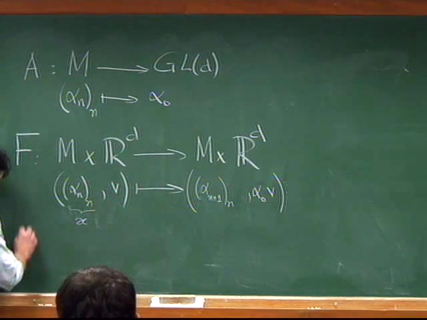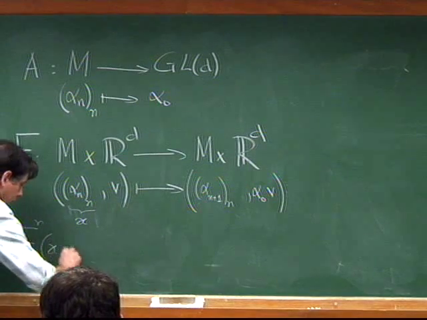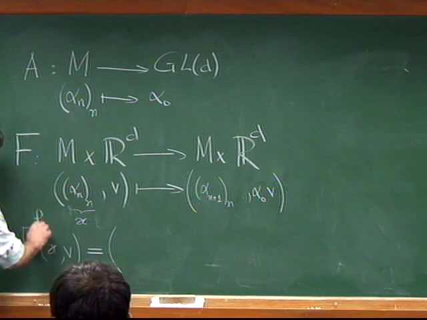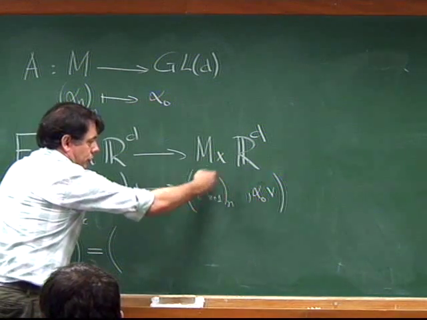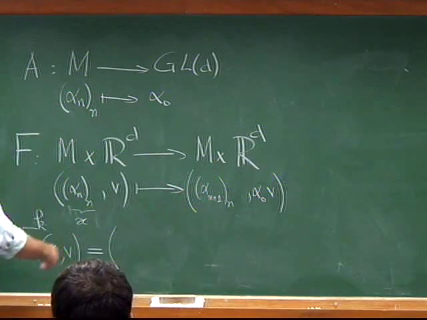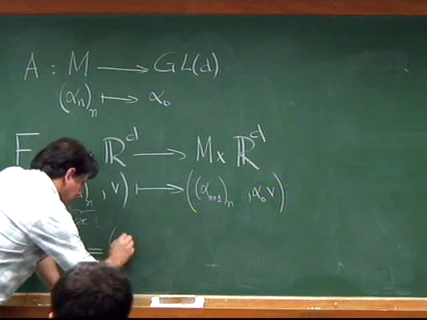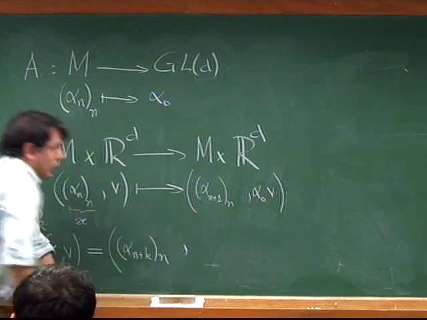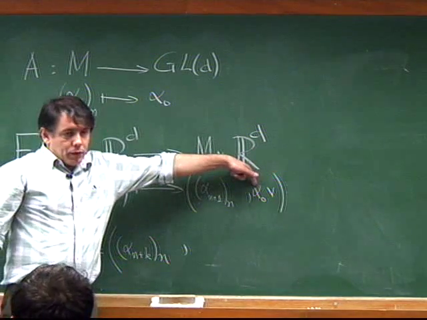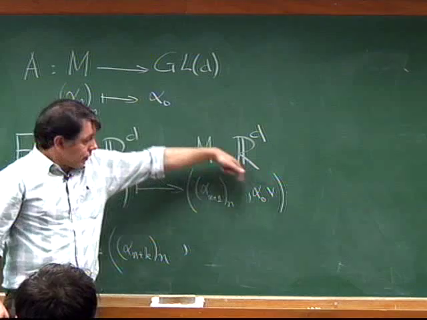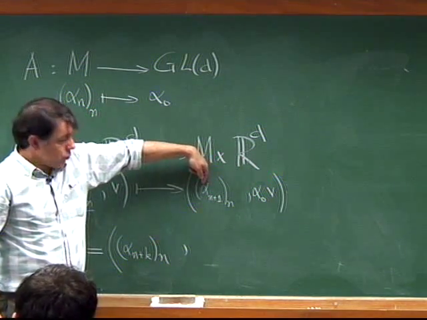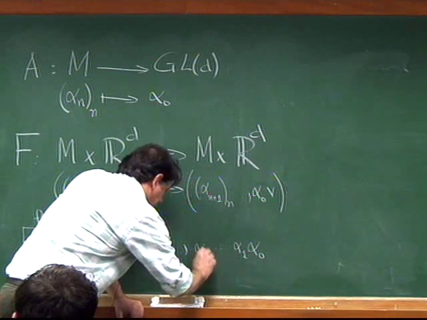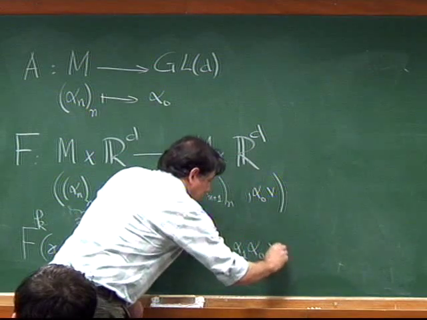If you do this k times, according to the formula that I already erased, you will have to iterate k times here. The first time you use alpha 0, the second time you use alpha 1, which is the first coordinate here, and so on. So you have alpha 0, alpha 1, up to alpha k minus 1 applied to V.